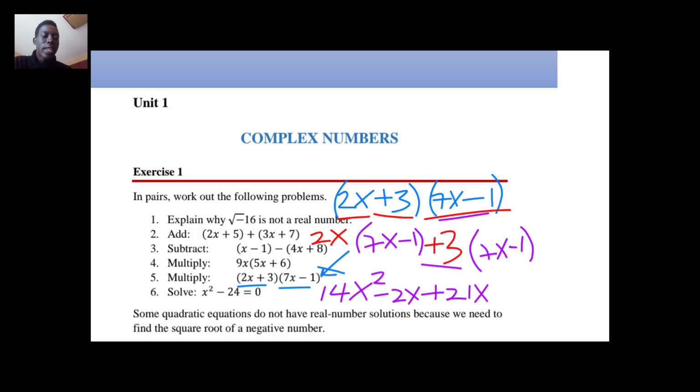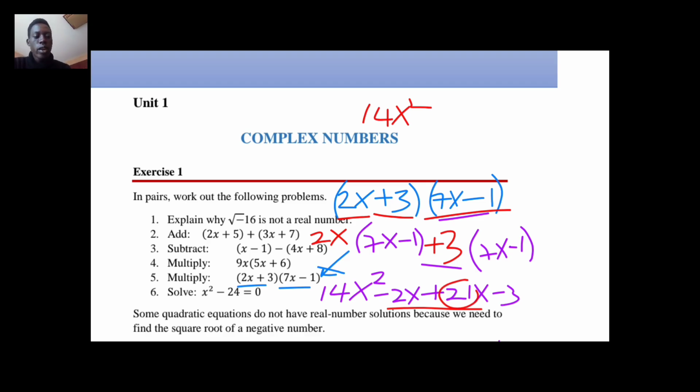Positive 3 times negative 1 is going to give you negative 3. So when you come to this stage, you add like terms. 2x and 21x are like terms, so bring them together. The final result here is going to be 14x squared.